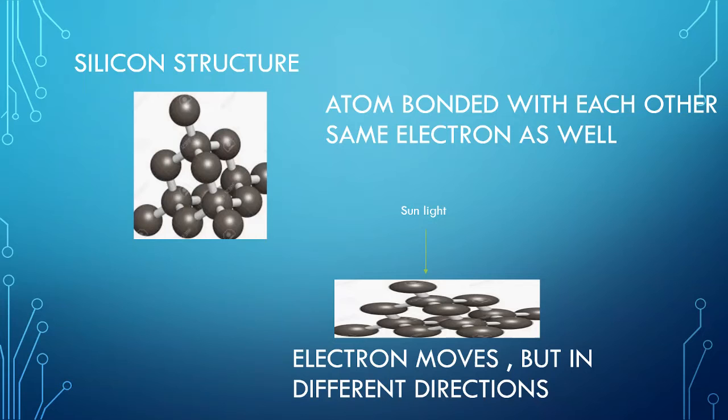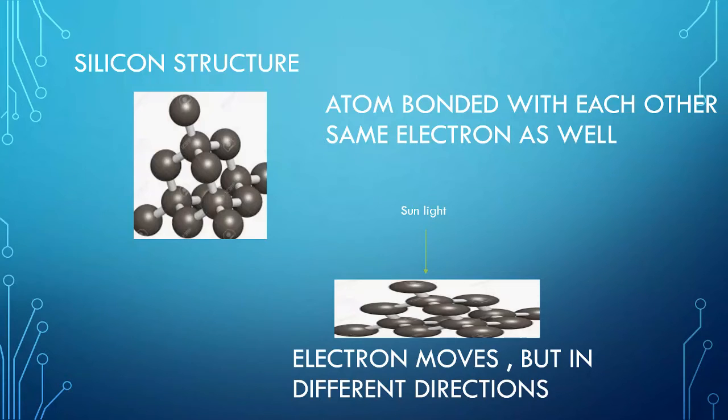So the silicon structure basically will be like this, but when sunlight is penetrating through the silicon structure, electrons get moved in different directions. This is the reason we use a P and N junction. We are attaching P-type semiconductor and N-type semiconductor material.